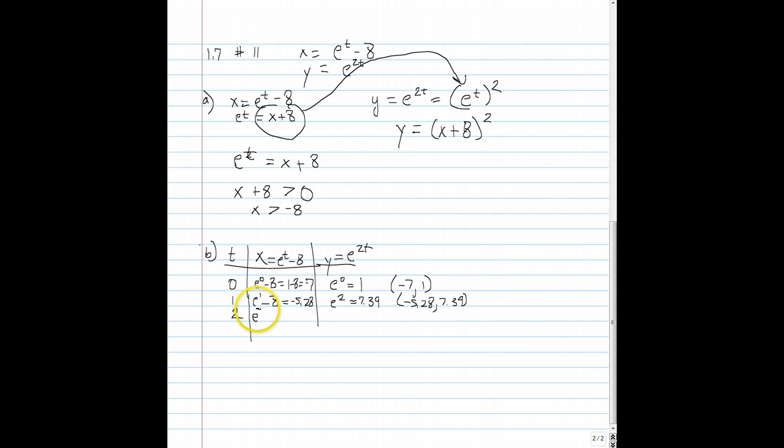And e to the 2 minus 8 gives us negative 0.61.